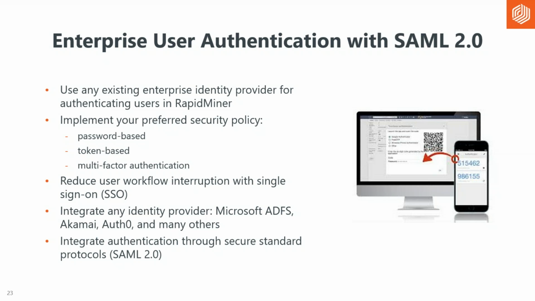So you might be aware of mechanisms like for Google or Apple accounts where you have to enter your user credentials and afterwards you are sent some code or a transaction number to your phone that you have to enter additionally in a second step. And that is often even what companies want to do and implement, and they can do that within their identity provider. And now RapidMiner can integrate with that.